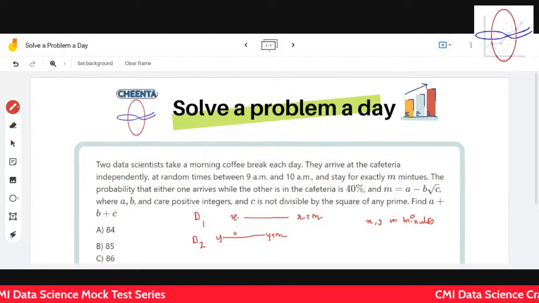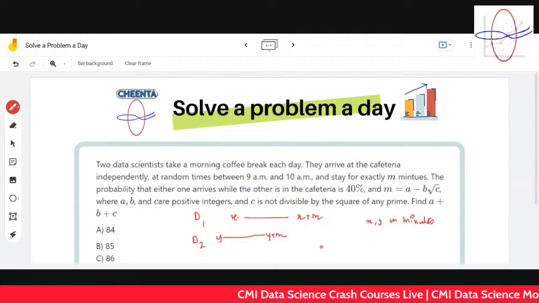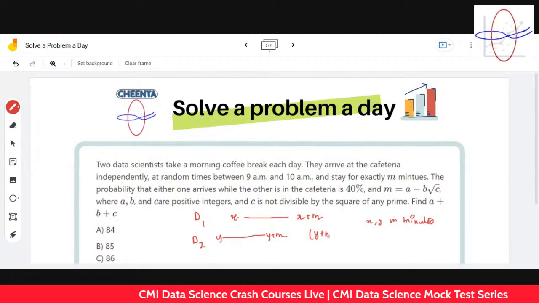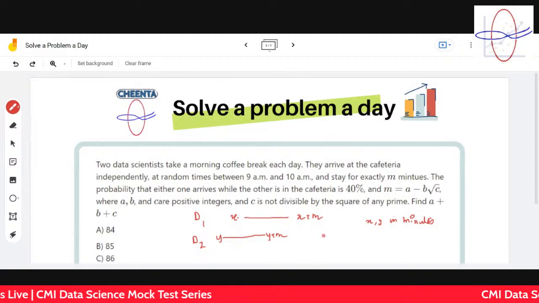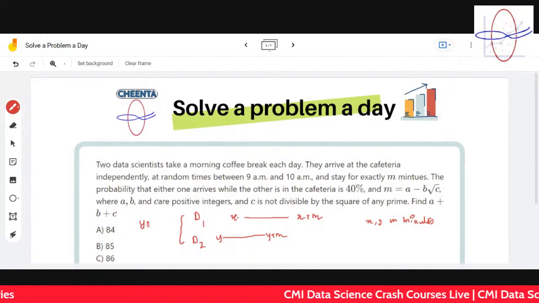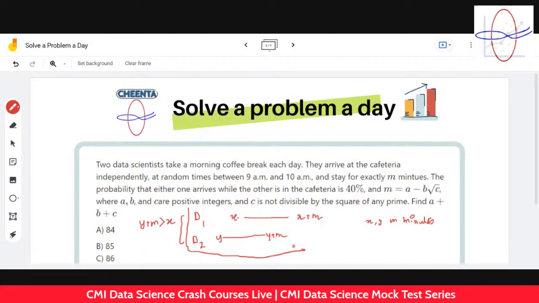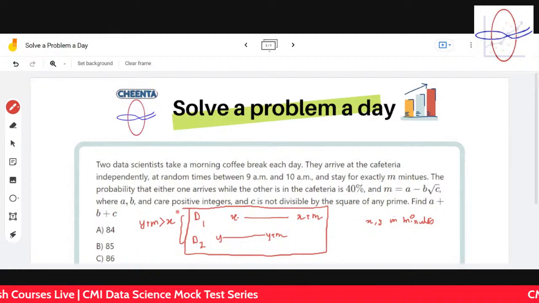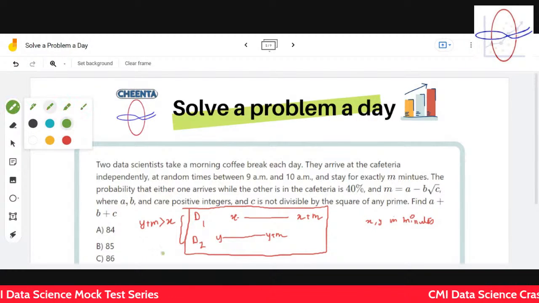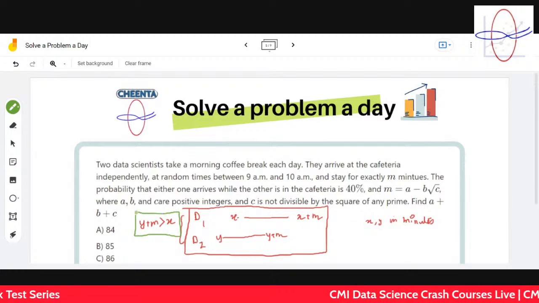And see, they will meet only if Y plus m is greater than X in this case. So this tells you that they meet if Y plus m is greater than X. But there is also another case possible.